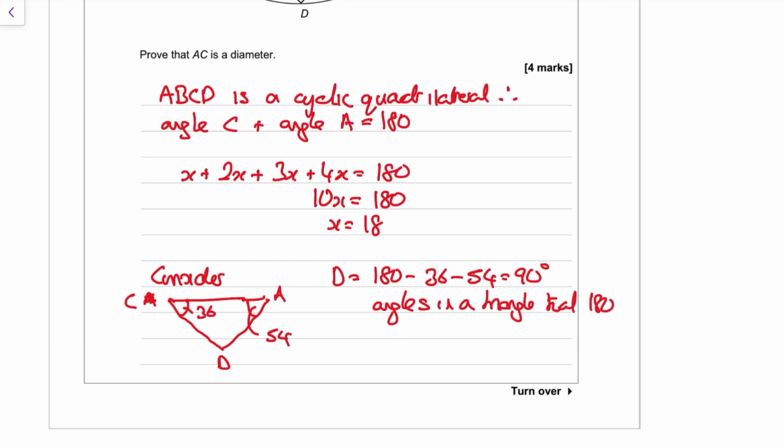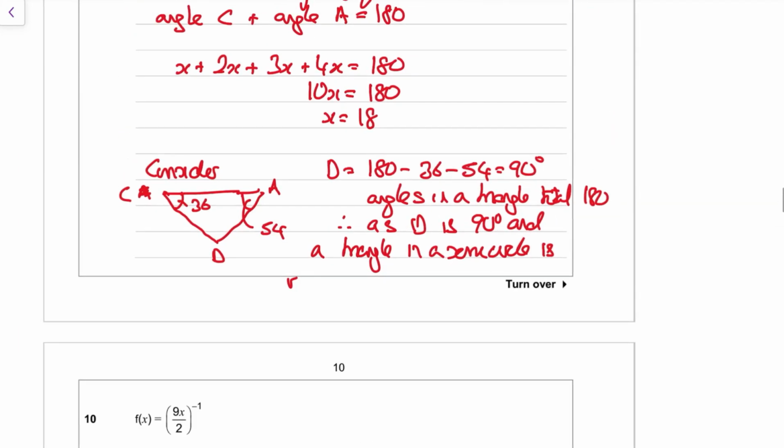Don't write in this box here like I'm doing, but I'm on an iPad, so it's fine. And then therefore, as D is 90 degrees and a triangle in a semicircle is right angled, I have to write it down here. Have I got any space down here? No. Is right angled.